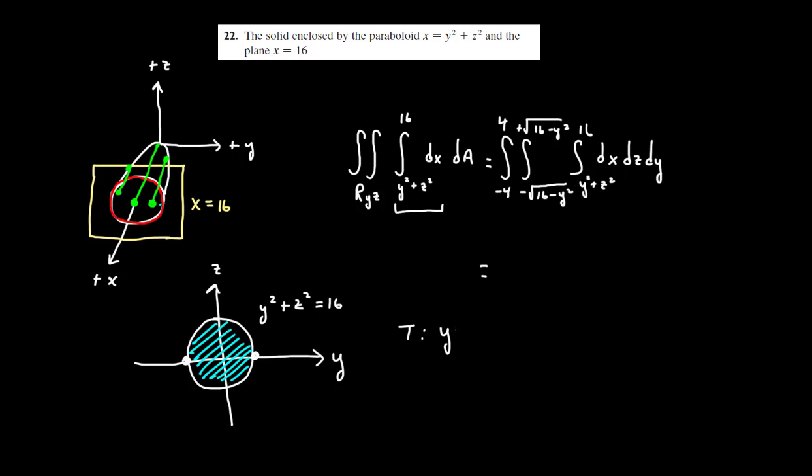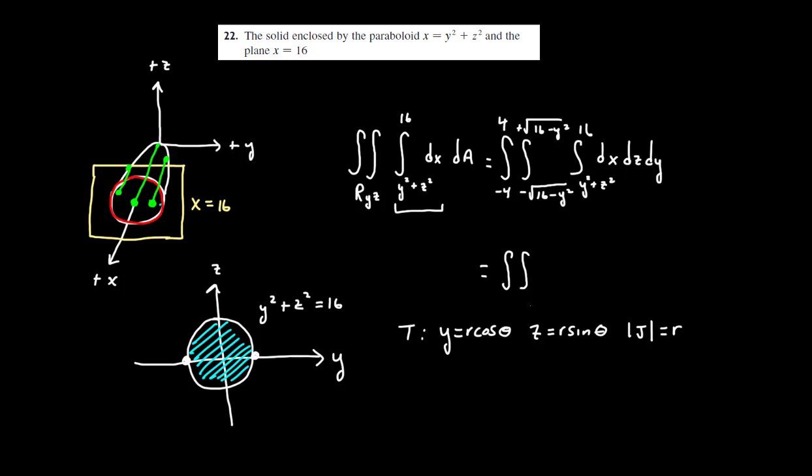This time, I'm going to say let y equals r cosine of theta, and we're going to let z equal r sine of theta. We certainly know that the absolute value of the Jacobian is going to be r. So let's see what this looks like then.